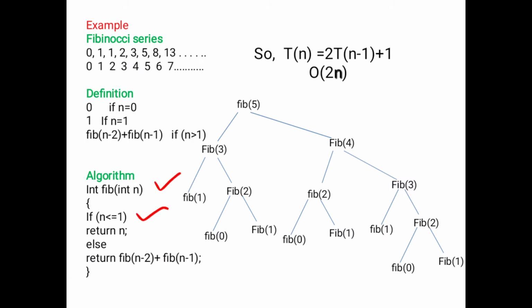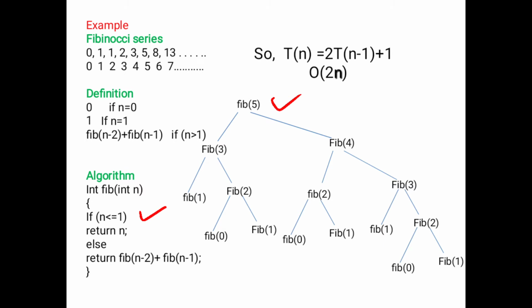Then we trace the tree to find the fifth term of the Fibonacci series. The diagram is the tracing tree. Here 5 is the nth term, so the value 5 enters into this function. Is n less than or equal to 1?